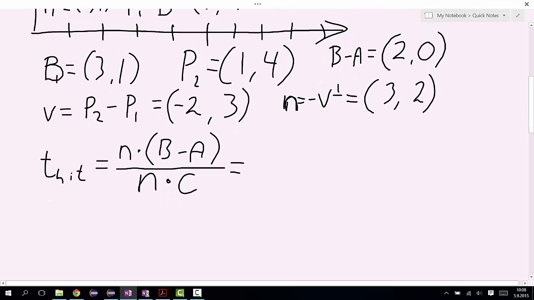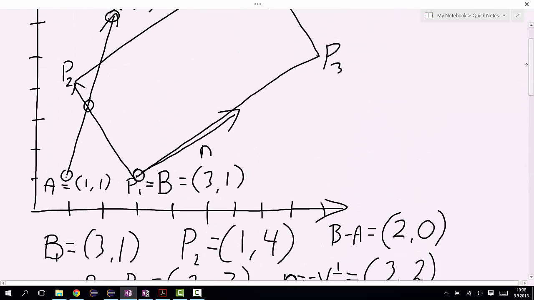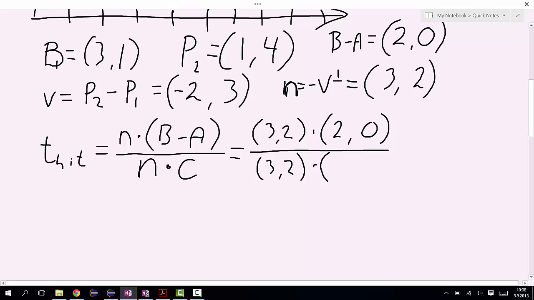So here we have n, (3, 2) dot (2, 0), divided by (3, 2) dot, and our vector C was up here, (1, 5).